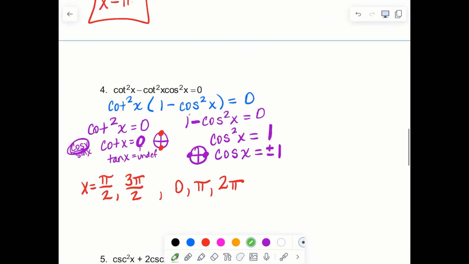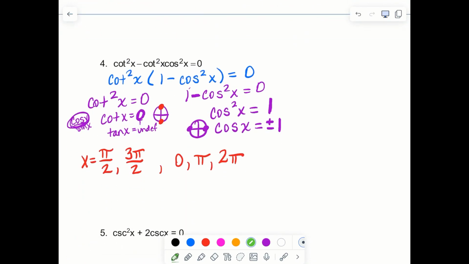Well, let's plug in, for example, pi. All right, so that means that the cotangent of pi squared minus the cotangent of pi, boy, this is ugly, cosine of pi squared would need to equal 0. Sorry, I kind of ran out of space.